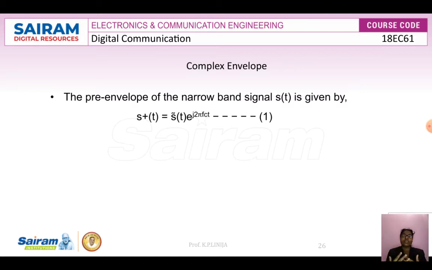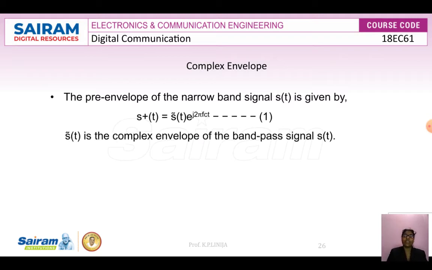S of t is a bandpass signal, and the pre-envelope of the bandpass signal is represented by S plus of t, expressed as S bar of t into e power j 2 pi Fc t. And S bar of t is the complex envelope of the bandpass signal S of t.